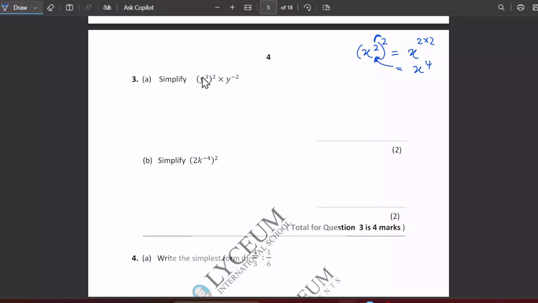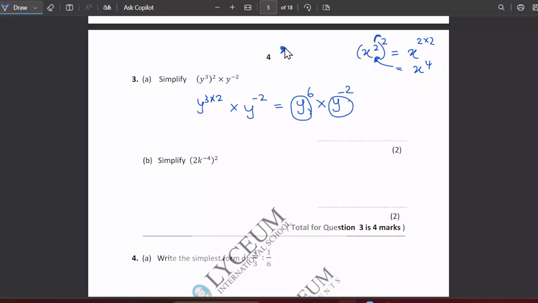Okay. So now we have a power of a power: y to the power 3, all to the power 2. So these two should be multiplied, 3 times 2, times y to the power minus 2. We get y to the power 6 times y to the power minus 2. Now if we have the same base, we can always add the numbers in the power.